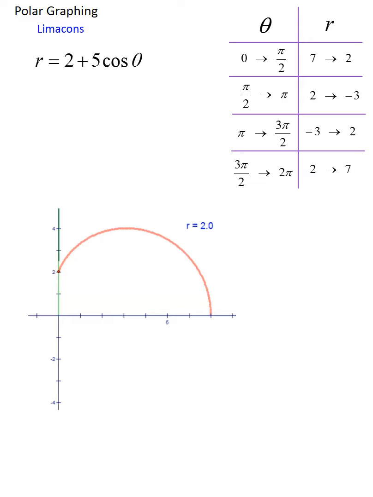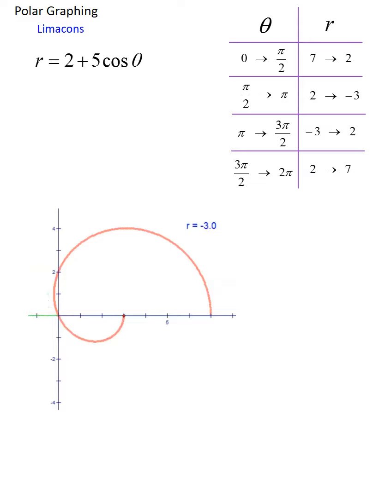Notice in the table, it shows that r is going to go from 2 to -3. Well, if something is going to go from 2 to -3, it has to go through 0. So watch what happens in quadrant 2. Here's r going from 2 to 0. And then, for the rest of quadrant 2, r goes from 0 to -3.